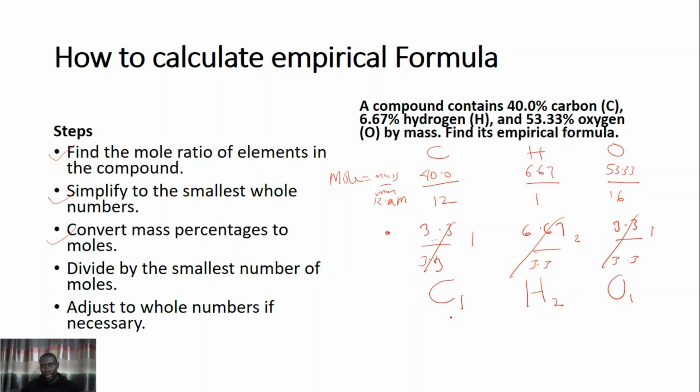So the empirical formula of this compound is CH2O. Don't forget that in a chemical formula, you don't need to write 1 there. So that's why it will be this. Okay? So this is how you calculate the empirical formula of a compound.